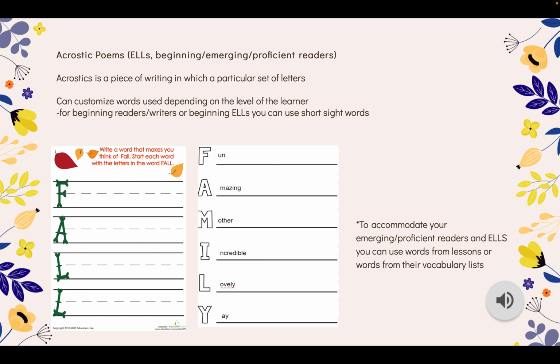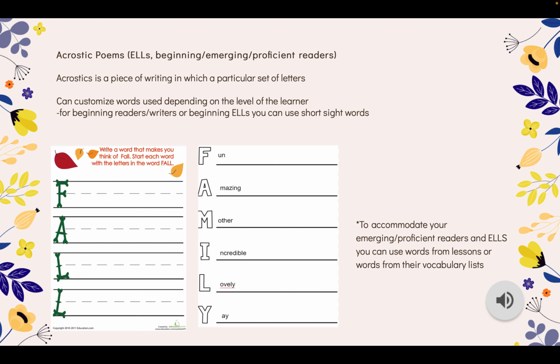The next activity is acrostic poems. This is great for ELLs, beginning, emerging, and proficient readers. An acrostic is a piece of writing in which a particular set of letters, typically the first letter of each line, word, or paragraph, spells out a word or phrase with special significance to the text. Acrostics are most commonly written as a form of poetry, but they can also be found in prose or used as word puzzles.